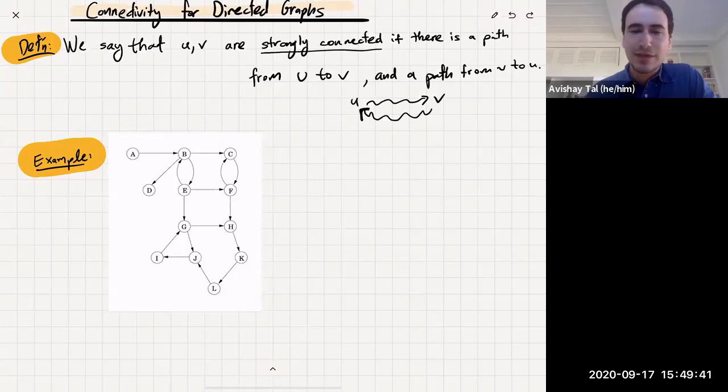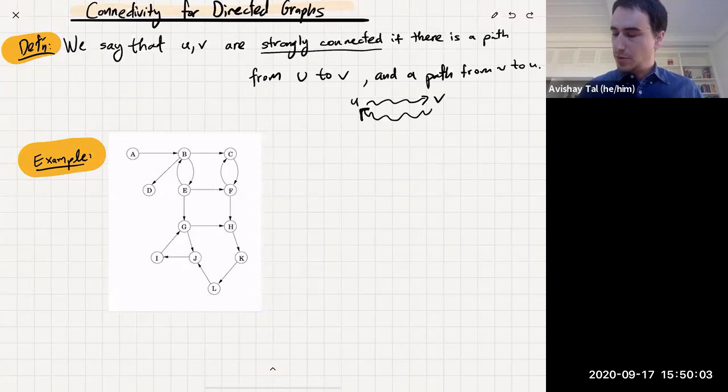I gave this example last time: for me to say that my house is connected to Soda Hall, I really want to go from my house to Soda Hall and also back, right? I don't want to be stuck in one of these places forever.